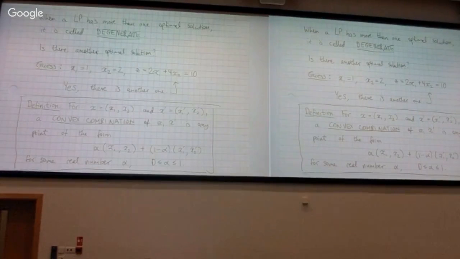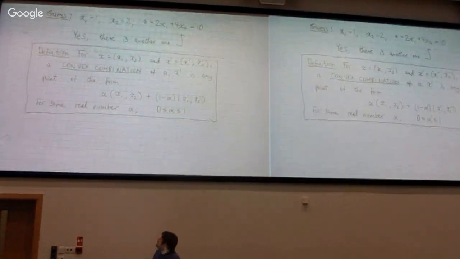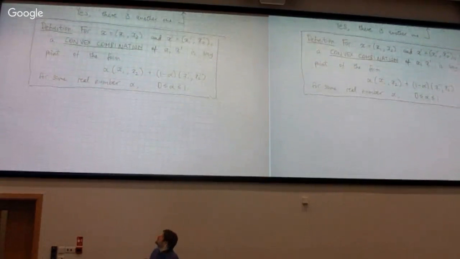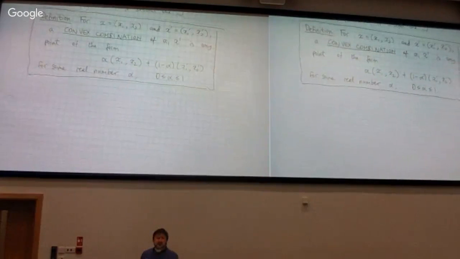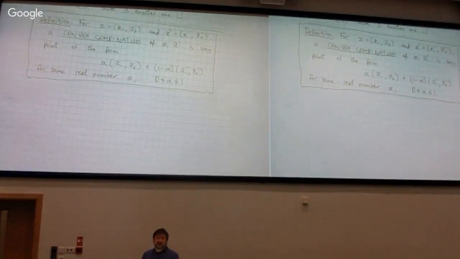Okay? That's the definition in algebra. You've been doing things like this in your linear algebra, multiplying vectors by numbers. Okay. This is that. This is that.